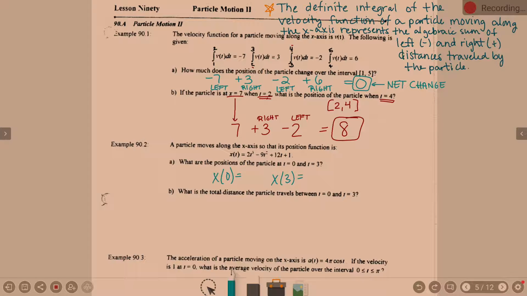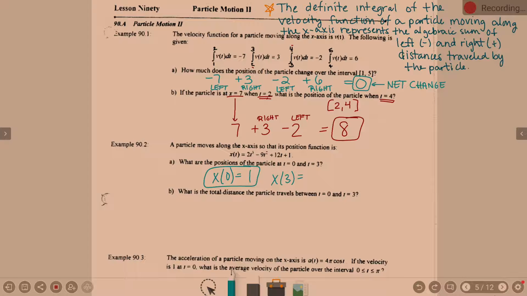What happens when we find x of 0? We get 1. We get the easy one out of the way, right? Okay. What about 3? 27 times 2 is 54 minus 81 plus 36 plus 1. My brain lost it.